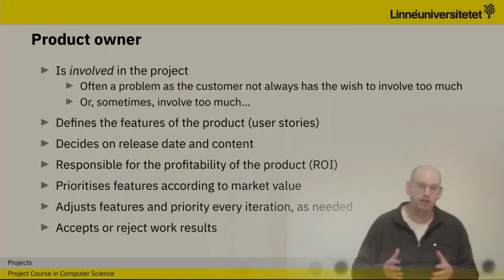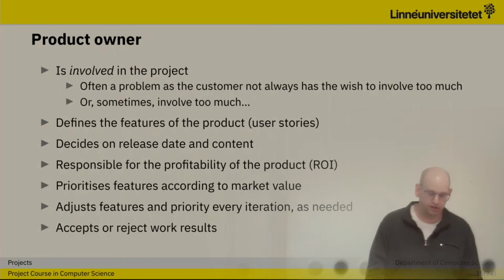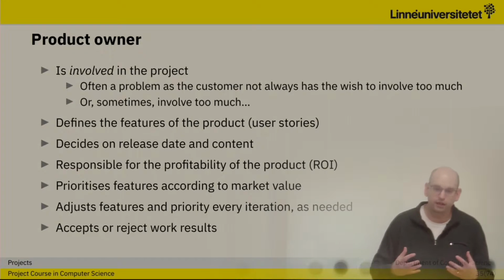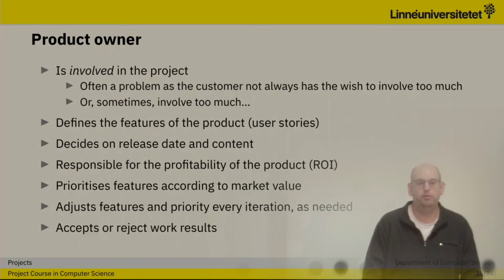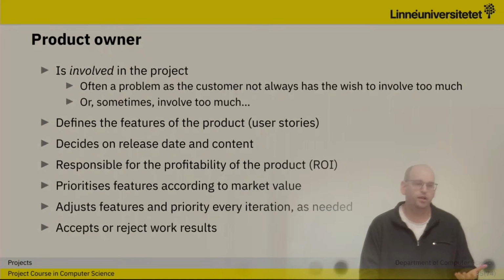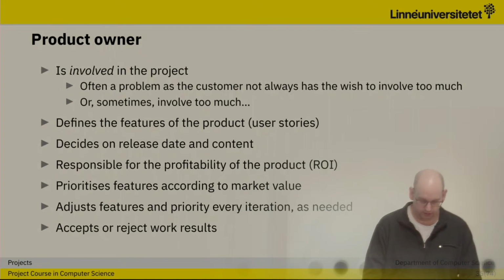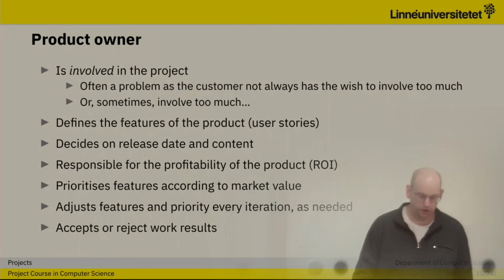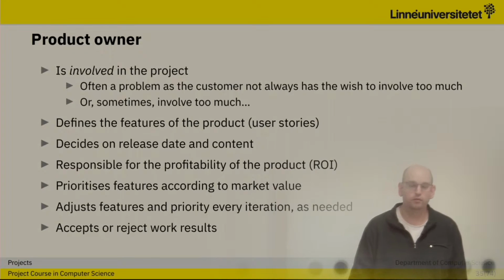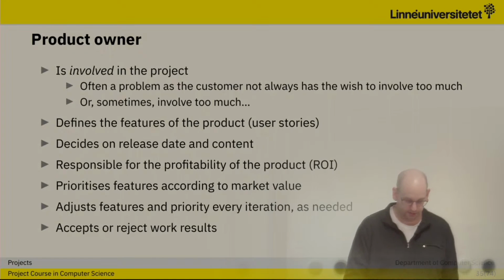But nowadays it's really important that when we do a Scrum project, we actually involve the product owner as well, as it's this person or these persons perhaps that are the ones who are going to say, well, we are on the right track, we are doing the right thing, and so on. Or sometimes they get involved too much and have way too much to say, and that might be a problem as well.